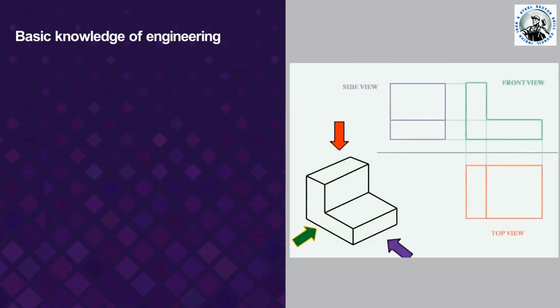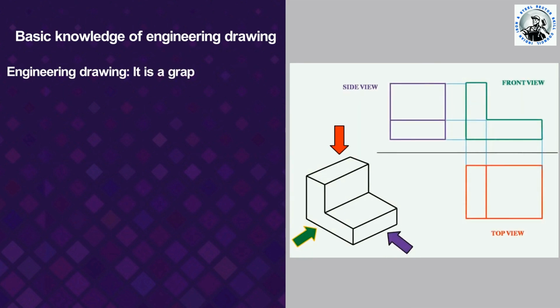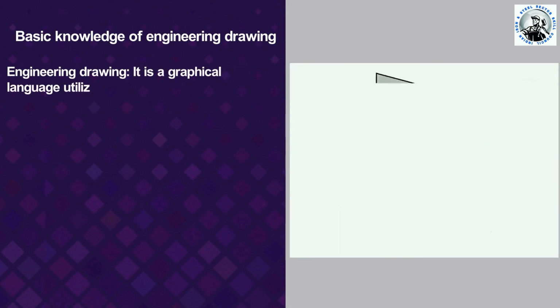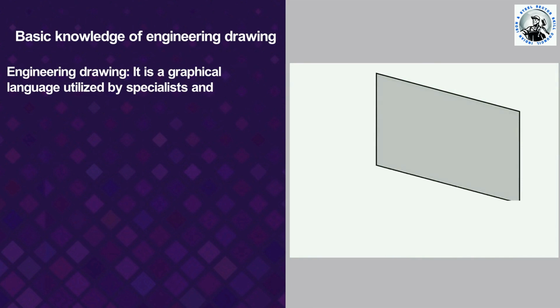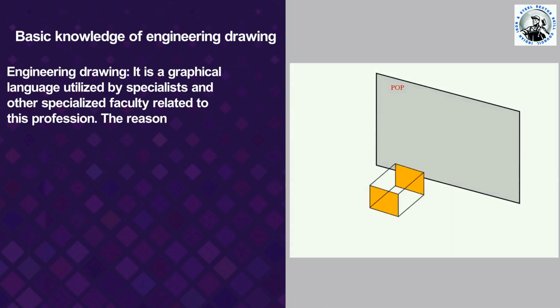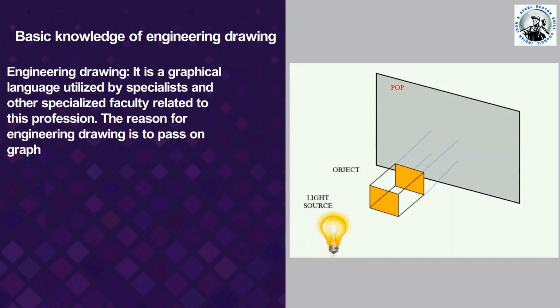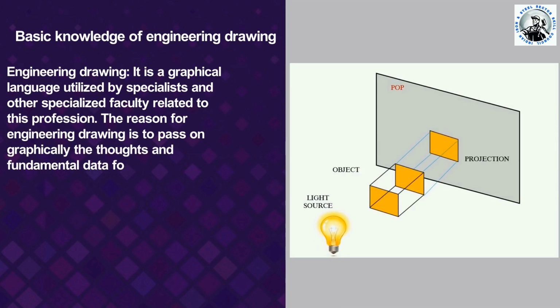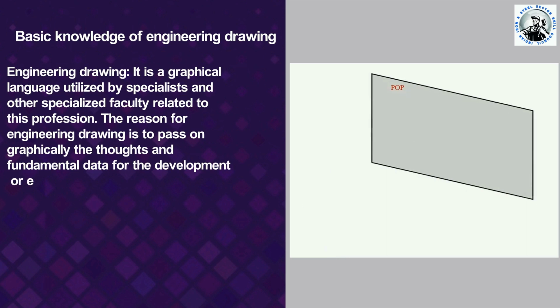Basic knowledge of engineering drawings. Engineering drawing is a graphical language utilized by specialists and other specialized faculty related to this profession. The reason for engineering drawing is to pass on graphically the thoughts and fundamental data for the development or examination of structures, machines or frameworks.